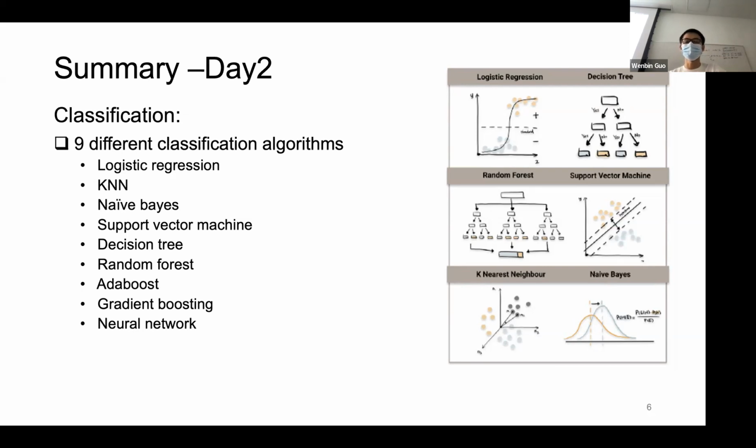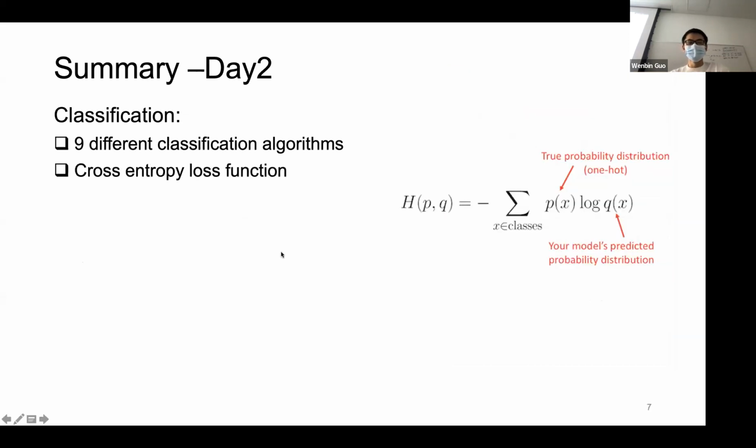We tried to classify the samples into different breast cancer subtypes. We also learned, for the classification problem, what a loss function is. Usually we use the cross entropy loss function, as shown on the right. We start from logistic regression, which is a binary classification problem, and then generalize the cross entropy to the multi-class case.